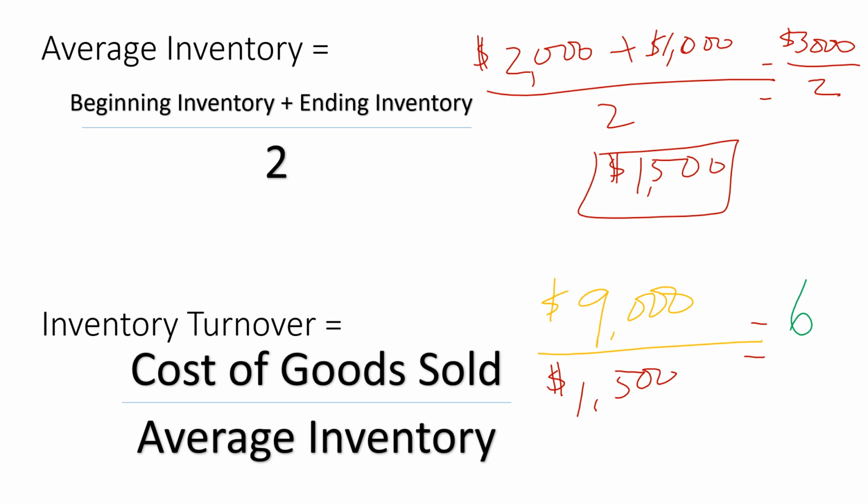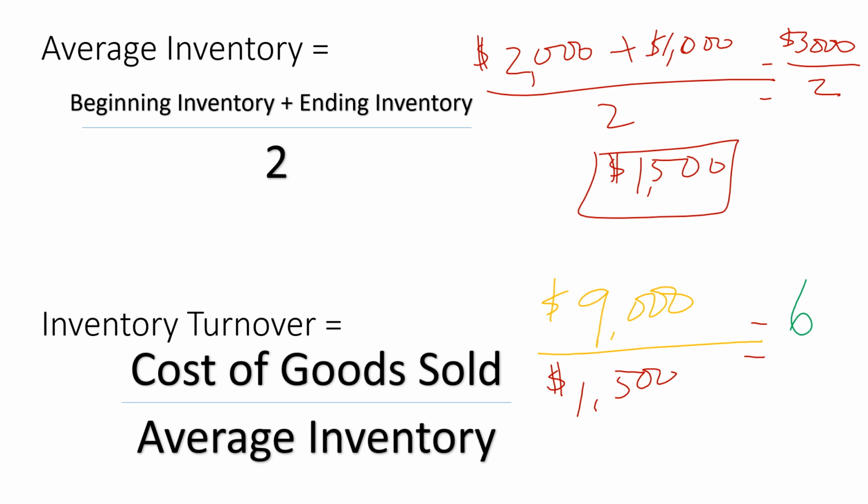If you're using fresher items, then your inventory turnover would be higher so that those products don't go bad. So again, we use our cost of goods sold and our average inventory to calculate what our inventory turnover rate is for that period of time.